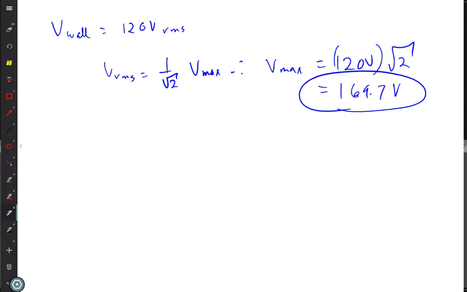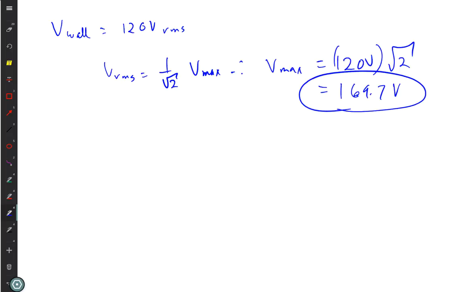So the peak voltage coming out of the wall is 169.7 volts. What about the minimum voltage? Okay, it's actually minus because it's symmetric for the actual voltage. So it's going from, we round it off, plus 170 volts to minus 170 volts.